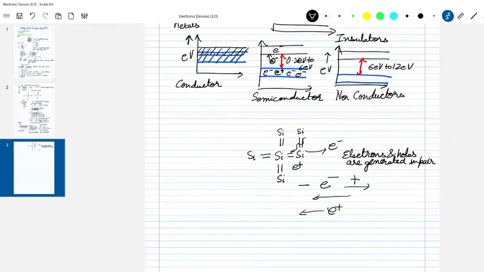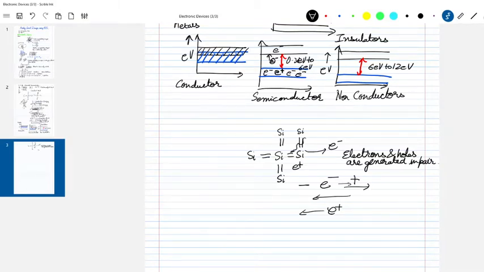Now the question is, how would the holes move? The holes cannot move within the valence band, so they have to jump up and then jump down. That's how they hop from one silicon atom to another. If electrons are subjected to a field, they are attracted towards the positive terminal, while the holes are attracted to the negative terminal.